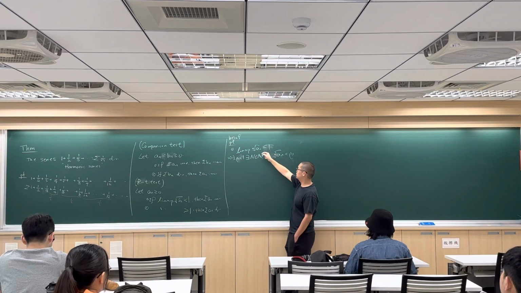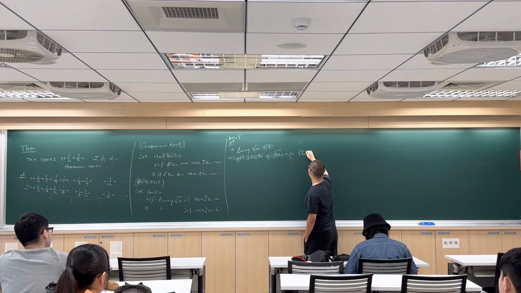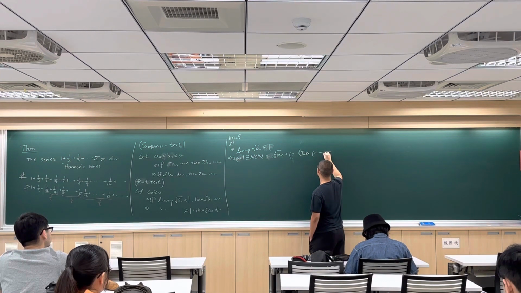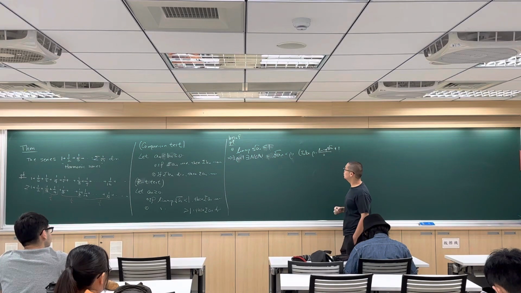You can just take beta to be 2 over the limsup plus 1.